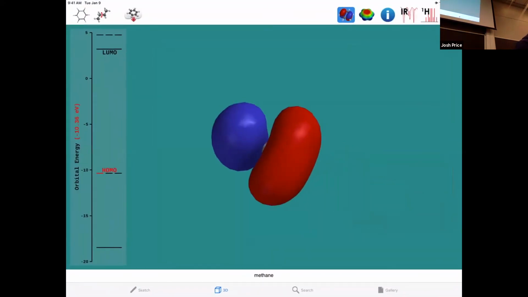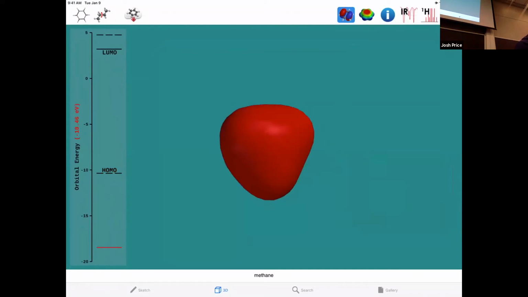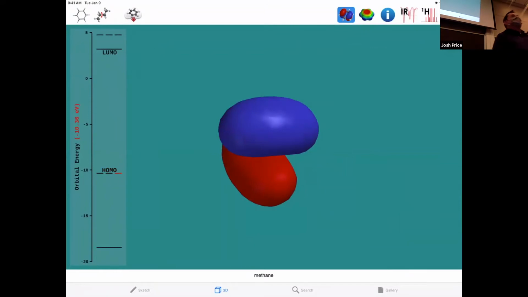And if you look at that diagram from Spartan again, you see that MO theory predicts we have one lower in energy pair of electrons and then three higher in energy pairs of electrons, all delocalized across the whole molecule.